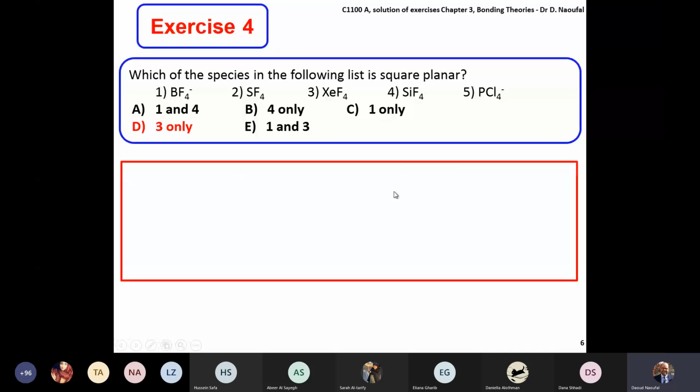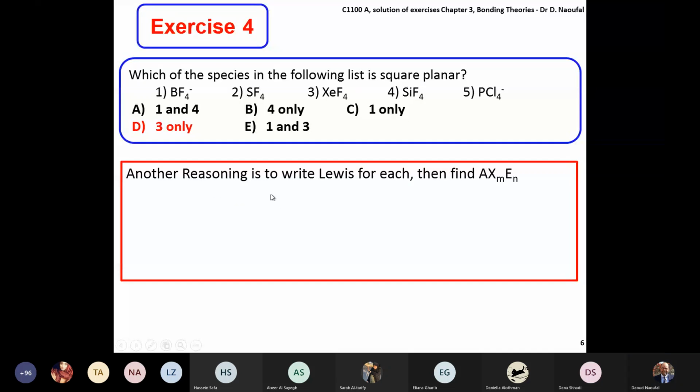Can we solve this exercise by another strategy? Yes, write the Lewis structure for each, then find AXmEn. In BF4 minus, you will find AX4, so the geometry is tetrahedral. In SF4, you will find AX4E, so the geometry is seesaw.